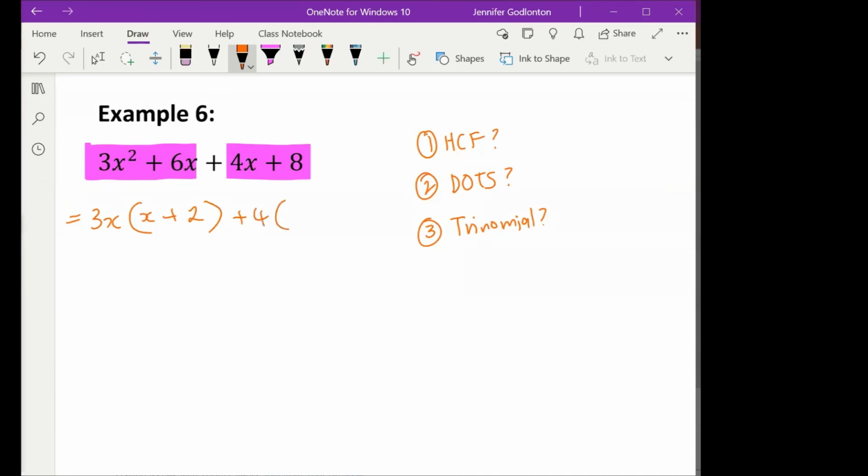And I was left with x plus 2. Then I took out the common bracket, which was x plus 2. And then, ma'am, I grouped the last two, which was 3x plus 4. Well done. Excellent.